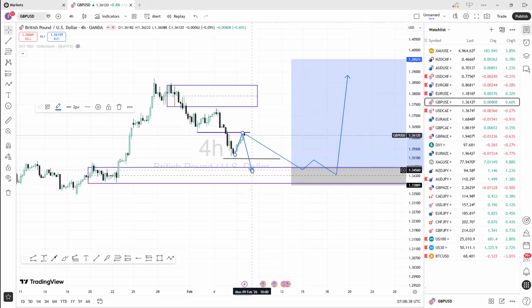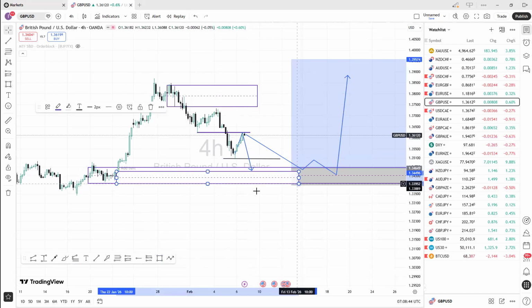See that market structure like that. Also on the 4-hour, here we have an order block. This zone is a very, very strong zone because there are multiple demands on multiple time frames. On the weekly time frame, on the same area, we have an order block.